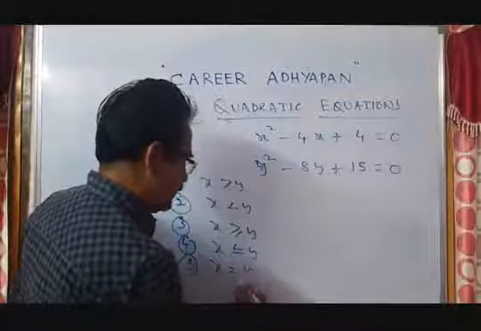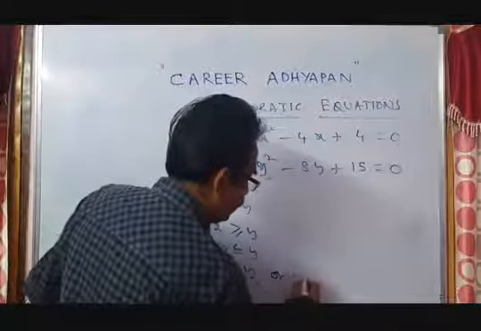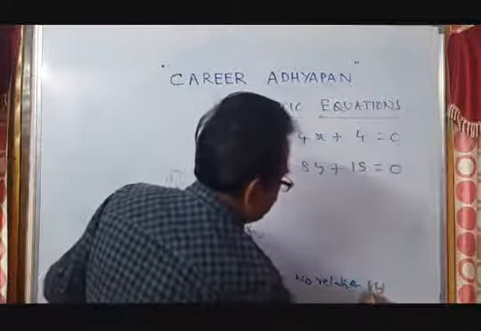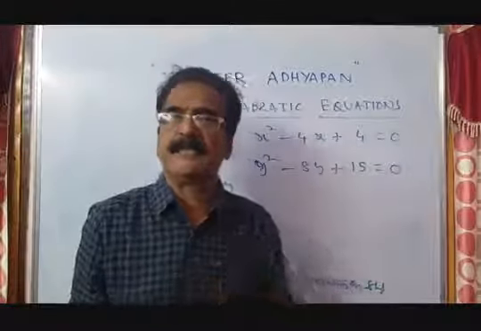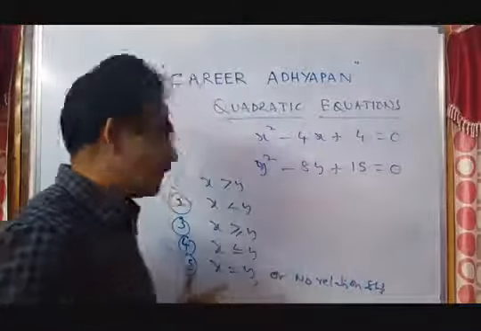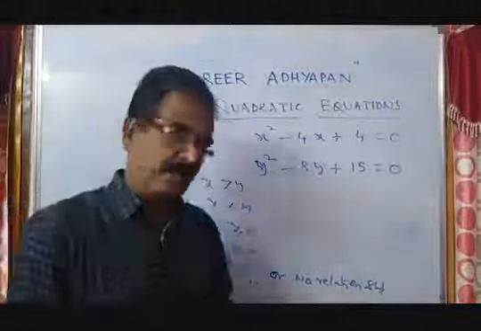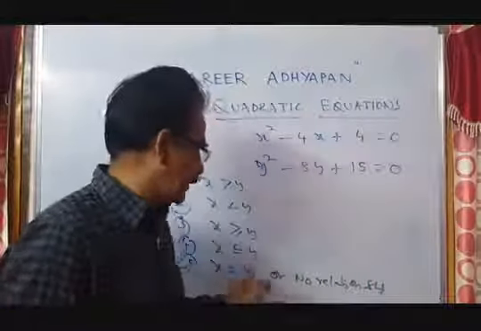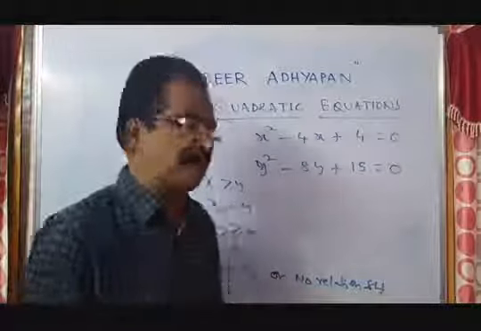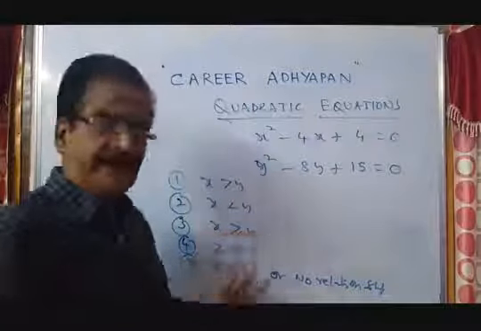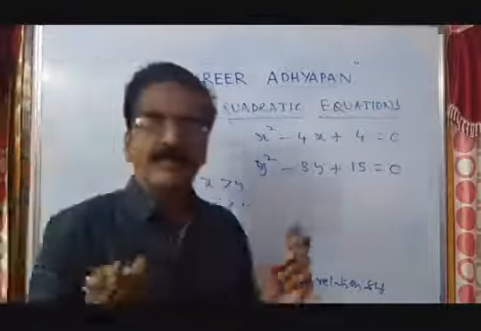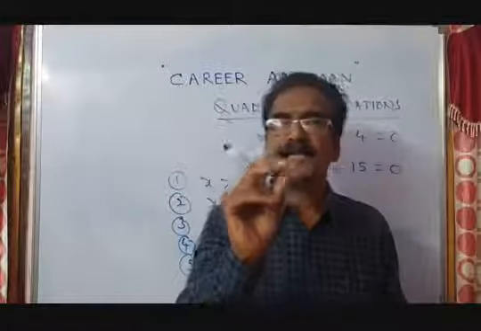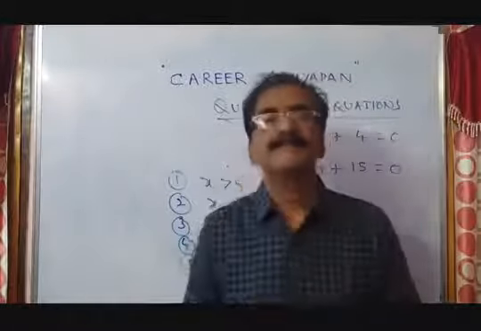And if x is equal to y or no relationship can be established between x and y, then you have to go for option 5. Options may vary. These are not the standard options. It can be changed. So your task is to find the values of x and y by solving those two quadratic equations.